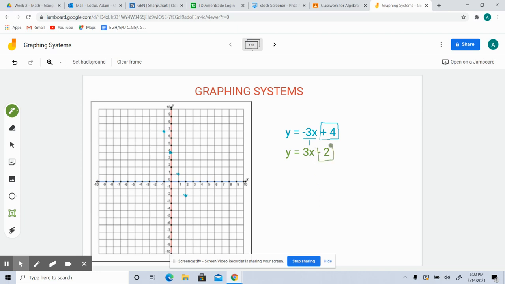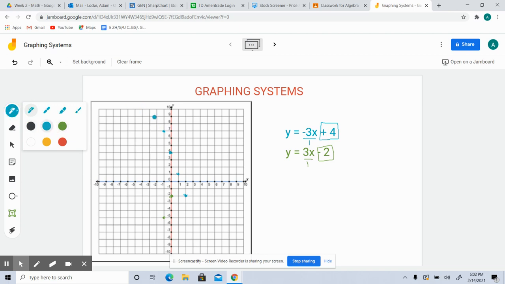This time I'm going to start at -2, and my slope here is going to be +3/+1. Now I could go down 3, down 1, but when I do that, I'm getting farther away from my blue line.